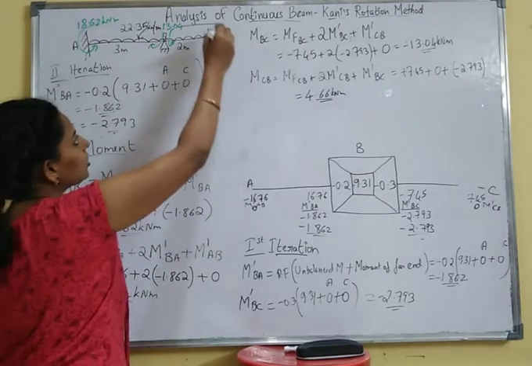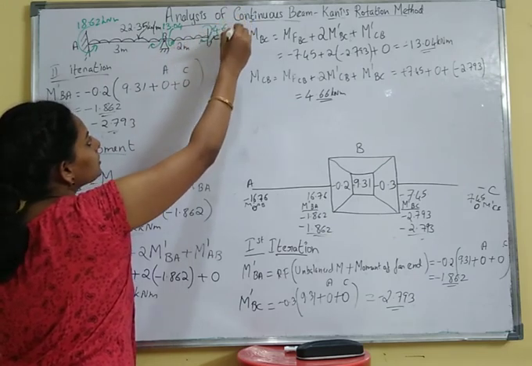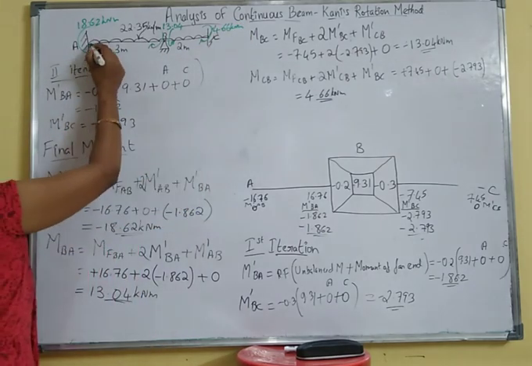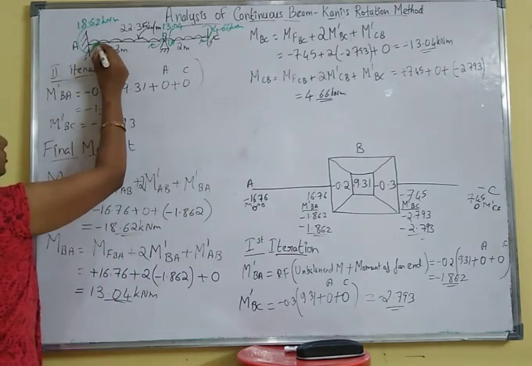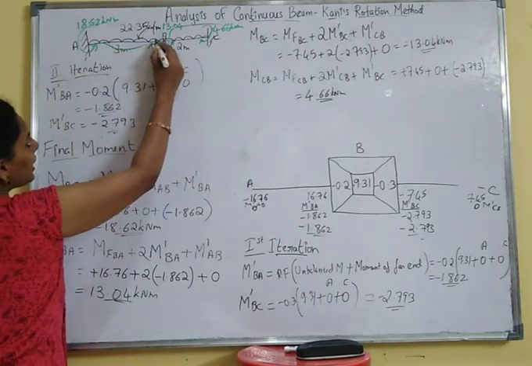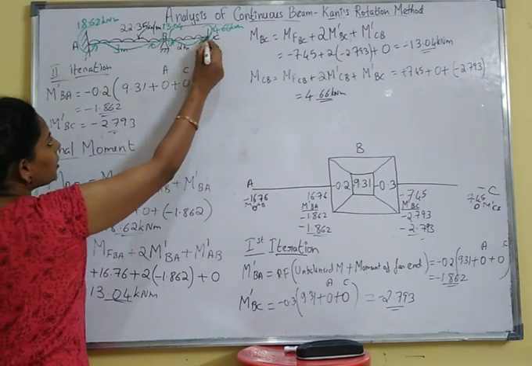Next you have clockwise, that is positive, so 4.66. Okay, so the elastic curve: here it pushes the beam up, so hogging, here it is sagging, again pushes the beam up, hogging, sagging, hogging.